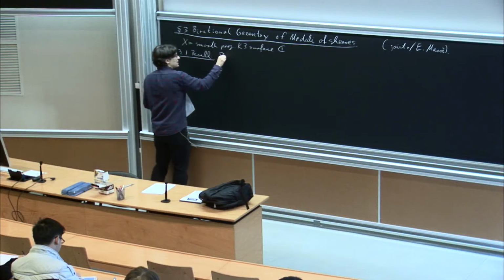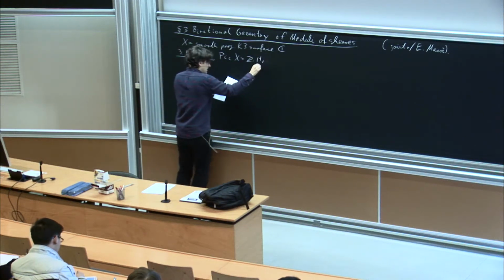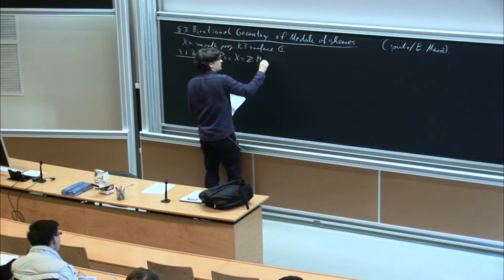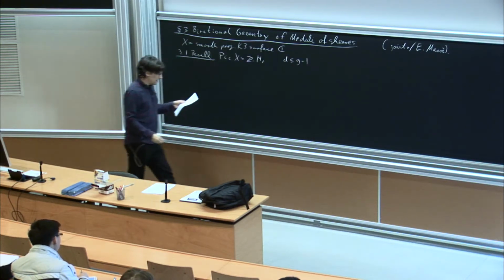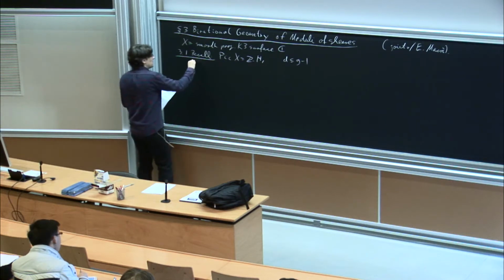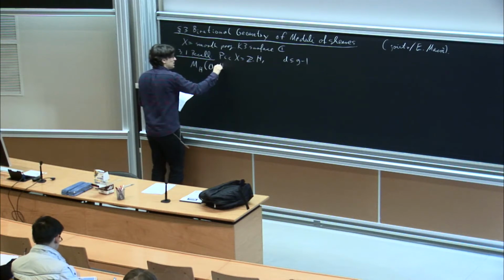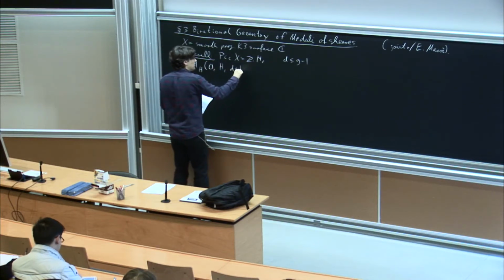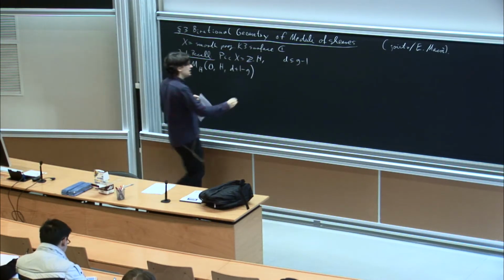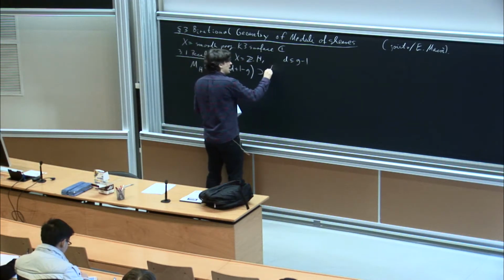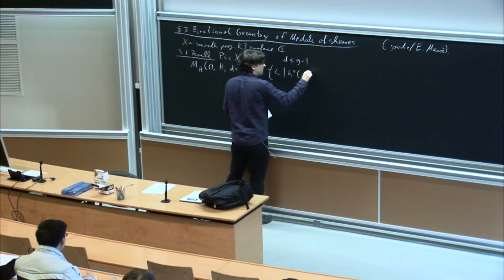Here I had a K3 surface of Picard rank 1, and I had picked a number d less than or equal to its genus minus 1, and then I look at this moduli space M_H(0, H, d+1-g). This is the compactification of the Picard variety, and inside there I have the locus of line bundles with global sections.